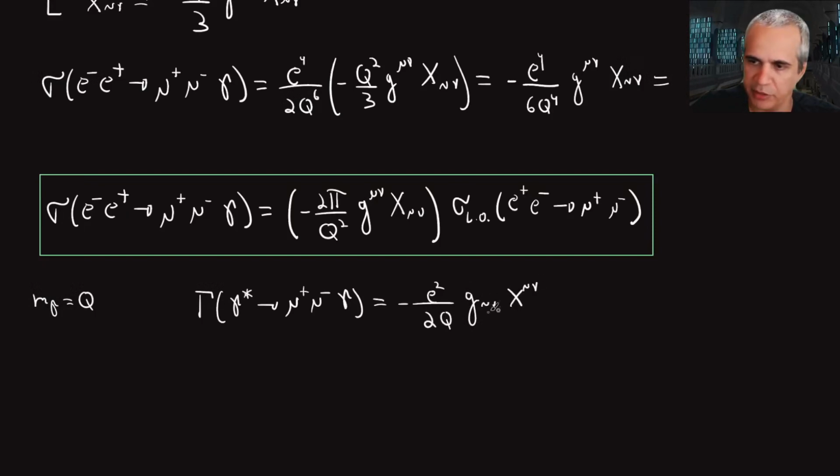This G mu nu would be the sum over the polarizations of this initial guy here, right?